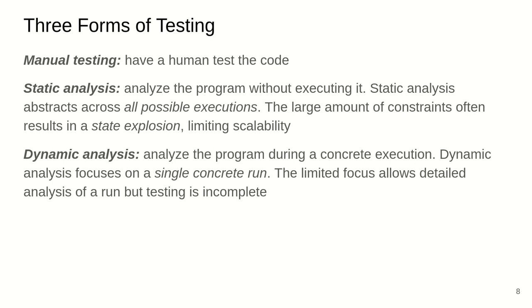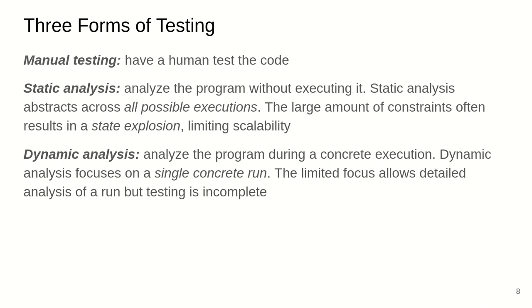Dynamic analysis focuses on a concrete run, but this gives it a more limited view, but very detailed information for this given execution, right? So while you cannot speak for the whole program and the full program state space, you can talk about one single aspect of the program, right?